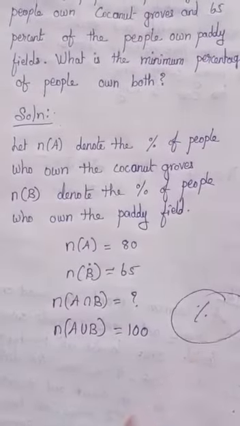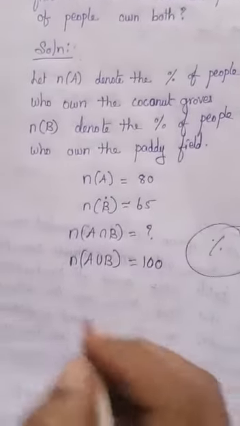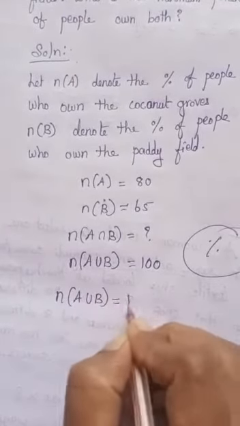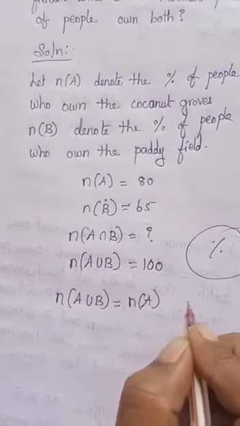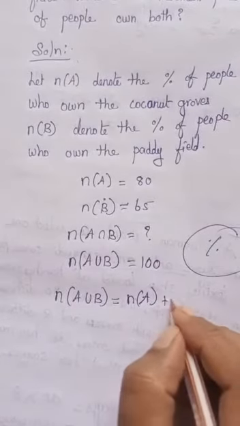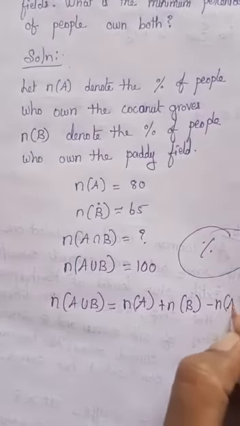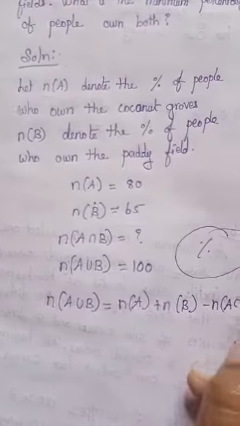Okay, we have the formula n(A union B) is equal to n(A) plus n(B) minus n(A intersection B).